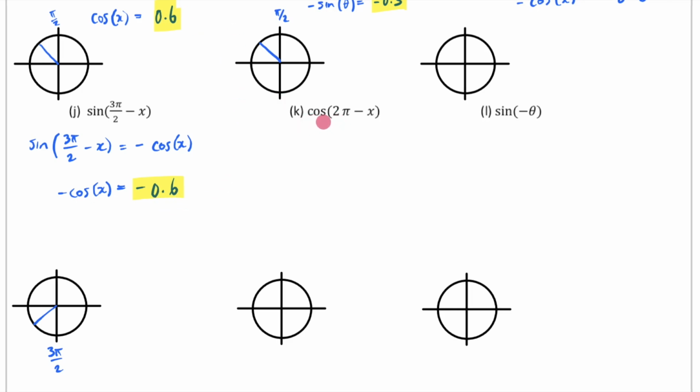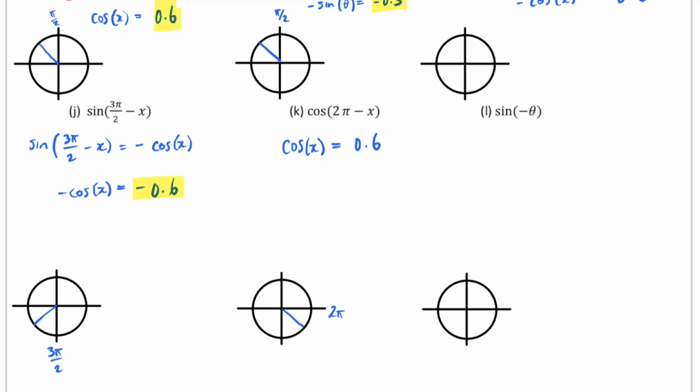Let's now answer this question, cos of 2 pi minus x. So let me quickly think. I know that this is 2 pi, I'm minus an x, so that's going to bring me to my fourth quadrant. I know that cos is positive in my fourth quadrant, so that means that my answer is going to be simply cos of x, which is going to be 0.6.